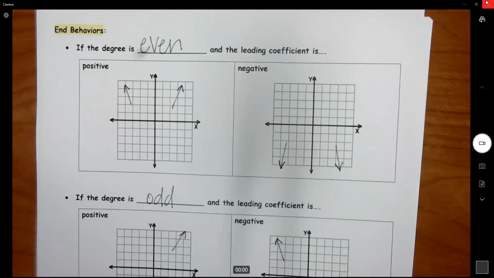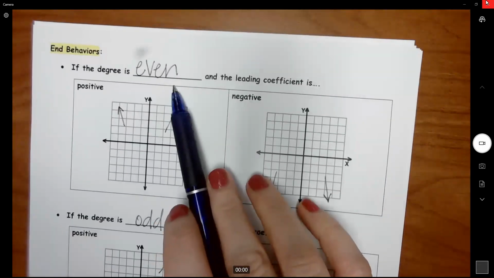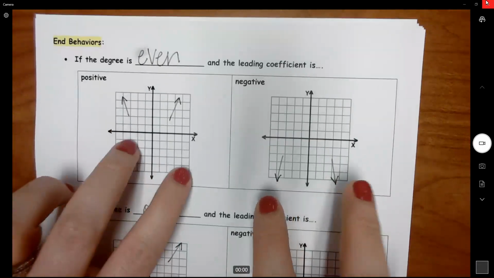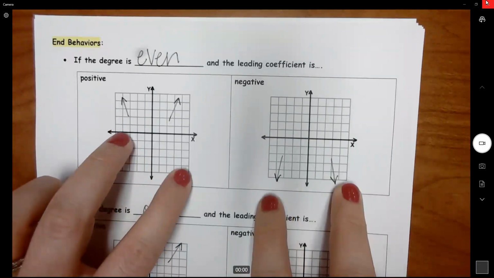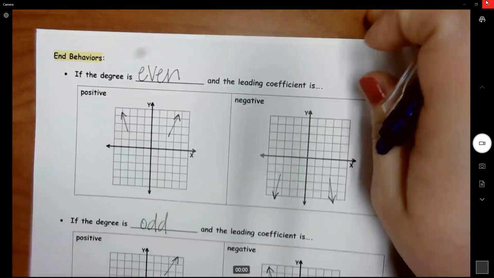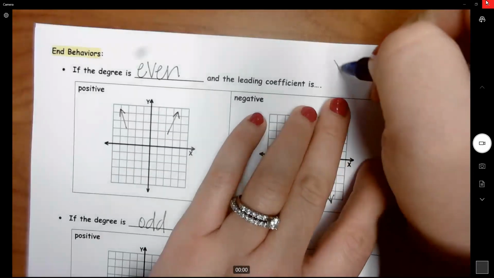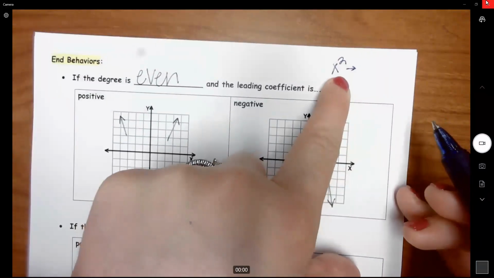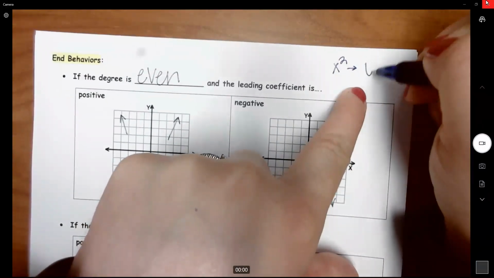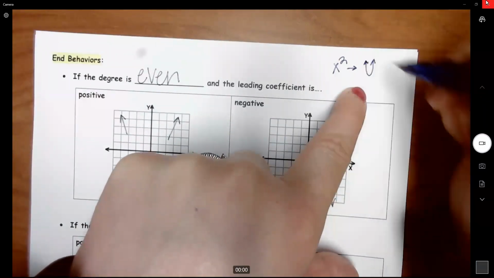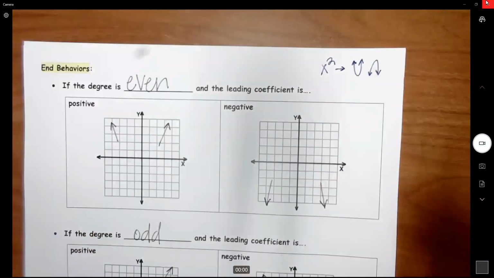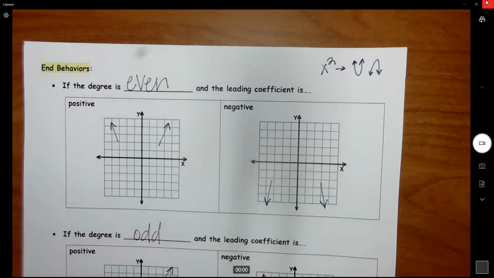And so if your degree is even, what that means is that your function is going to start and stop in the same direction. If you think of your x squareds, x squared is even, and you either have a parabola that goes up or a parabola that opens down, right?